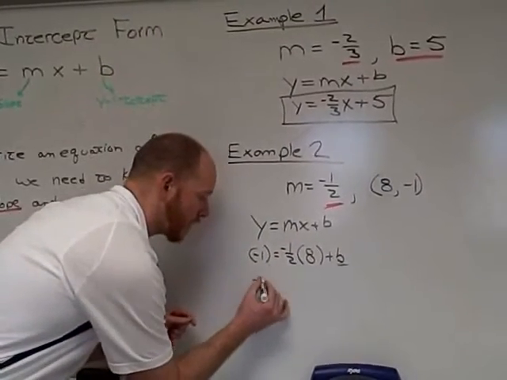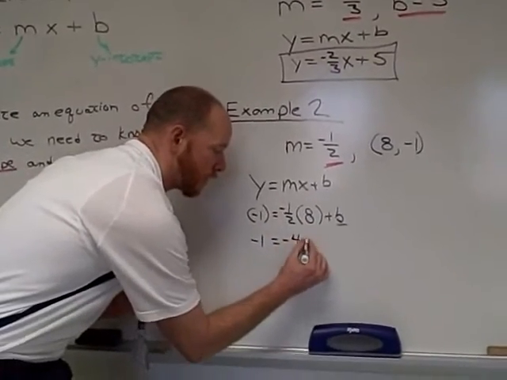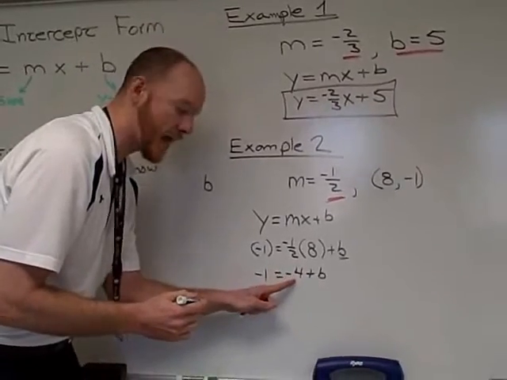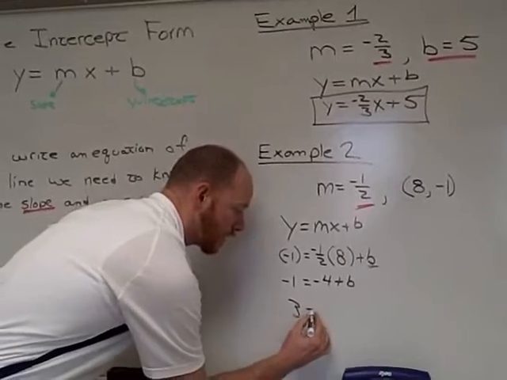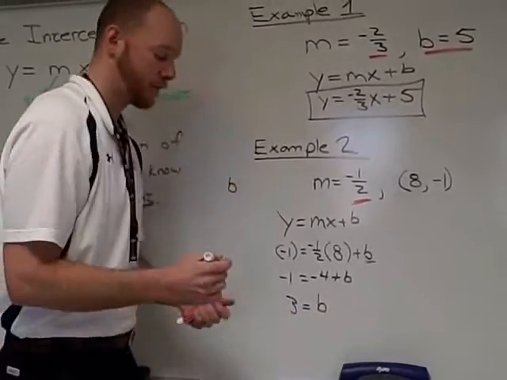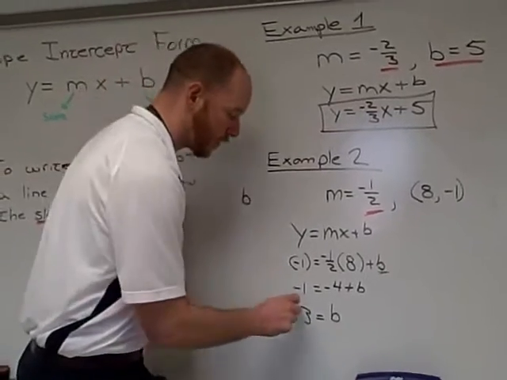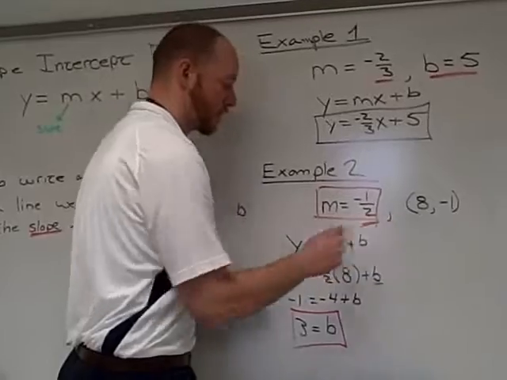So the negative 1 stays. Negative 1/2 times 8 is negative 4 plus b. Solving for b, I would add 4 to both sides. Negative 1 plus 4 is 3 equals b. As a result, I now know my y-intercept and I know my slope.